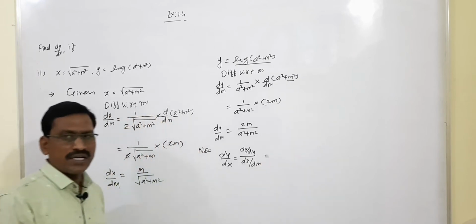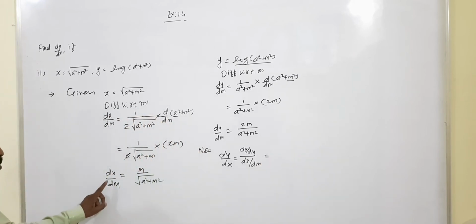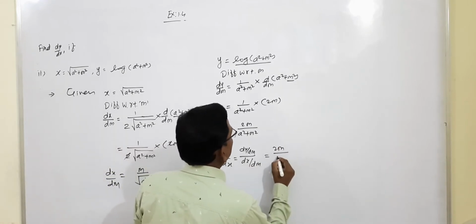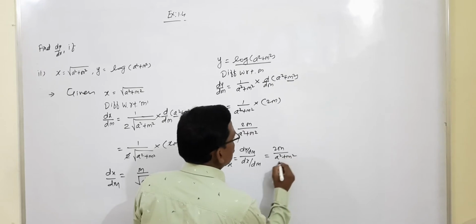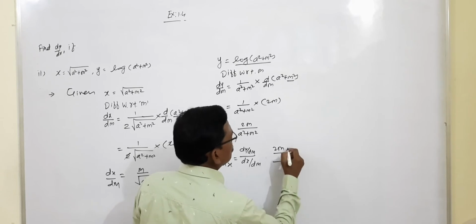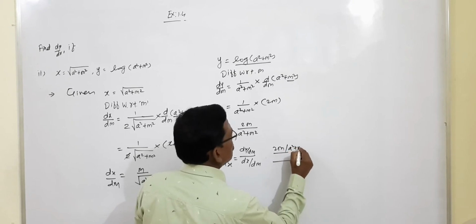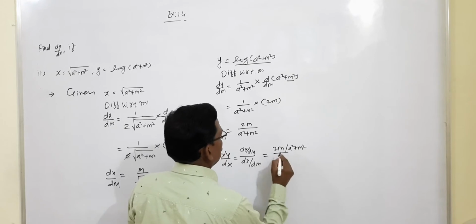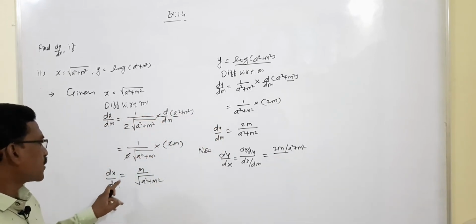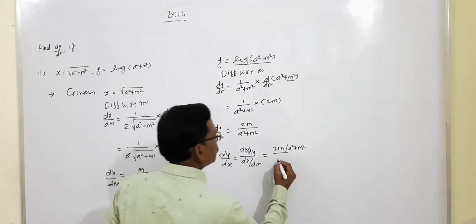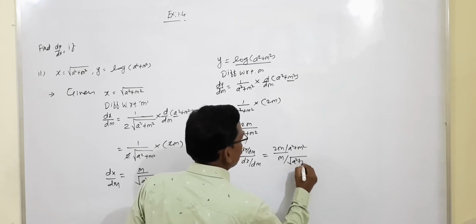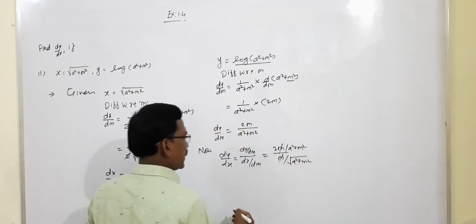Write the value of dy by dm, the derivative of y with respect to m, which is 2m by a square plus m square, whole divided by dx by dm, the derivative of x with respect to m, which is m by root of a square plus m square, and this m will get cancelled.